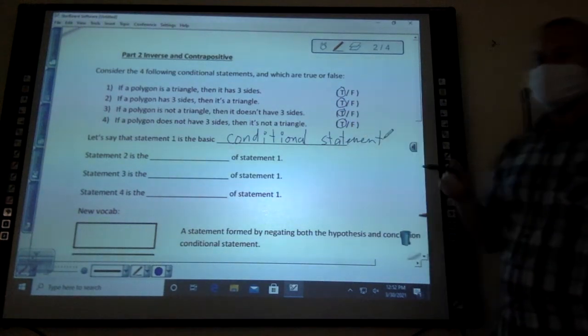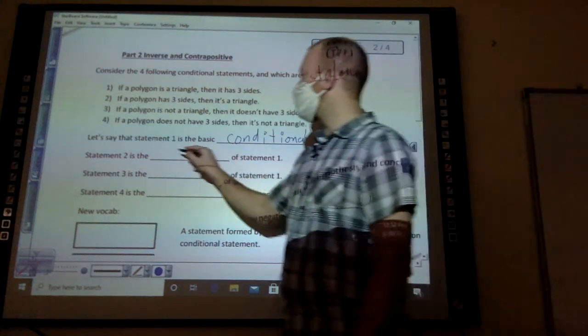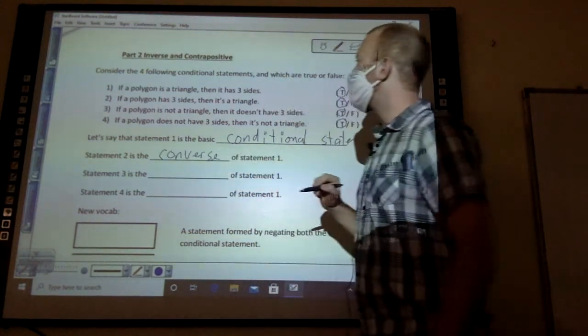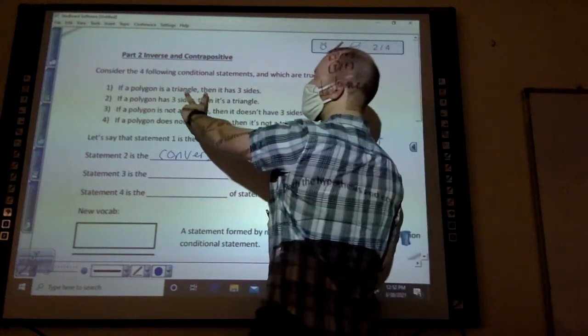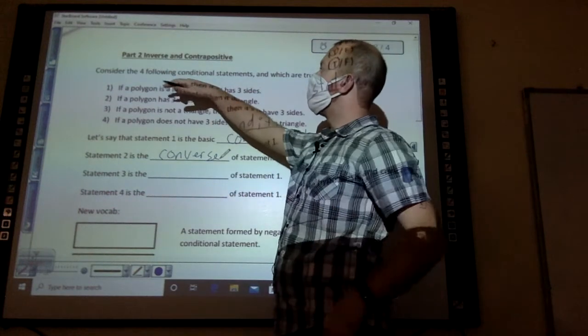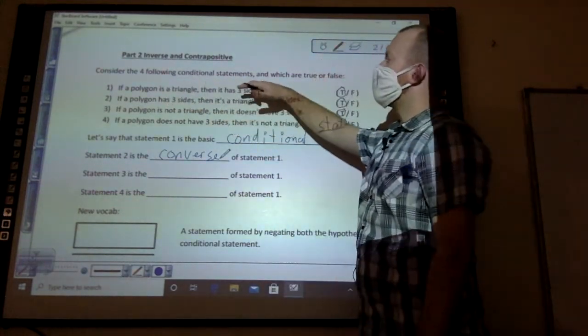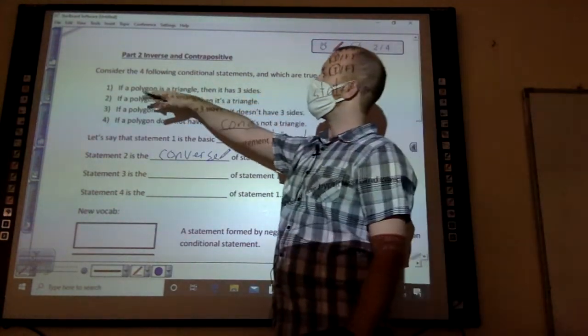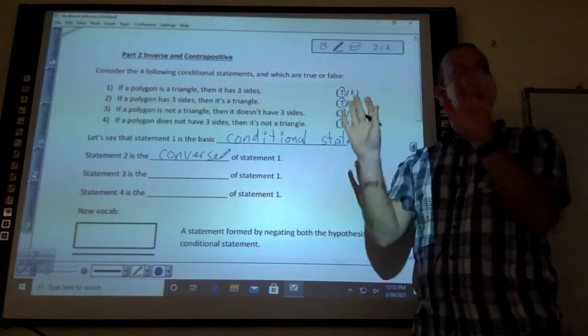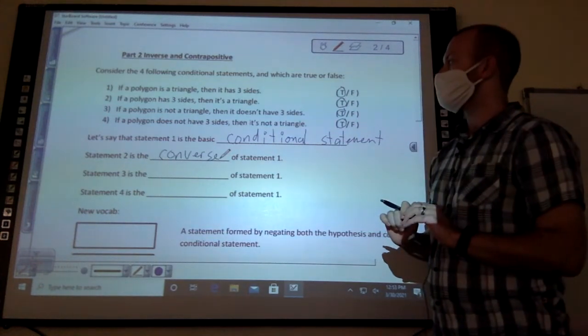The second one is what's called the converse, which I talked about yesterday. The converse meaning, notice I just switched triangle and 3 sides. I started with a polygon's a triangle, 3 sides. Then I said if a polygon's 3 sides, it's a triangle. So all I did is switch the hypothesis and the conclusion.